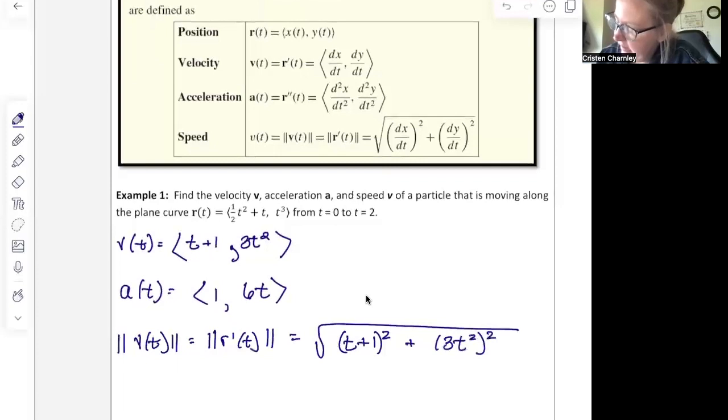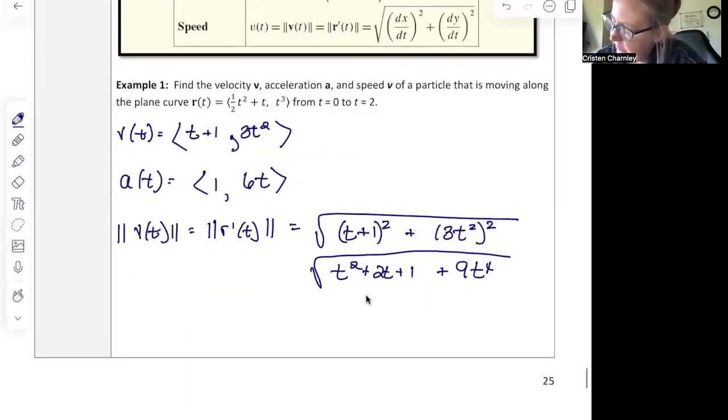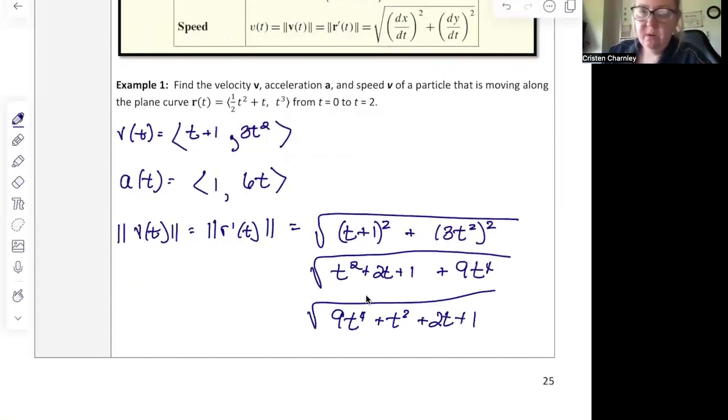We'll square that again. So this is t squared plus 2t plus 1 plus 9t to the 4th. And if we put this in order by the exponents, I've got 9t to the 4th plus t squared plus 2t plus 1.